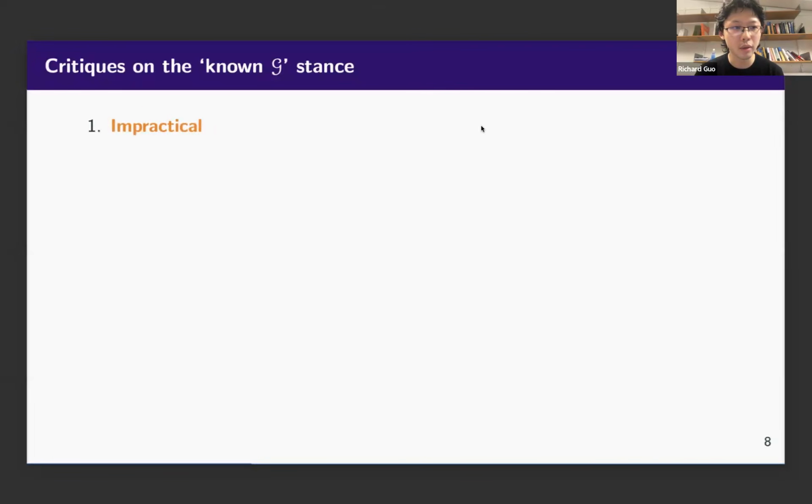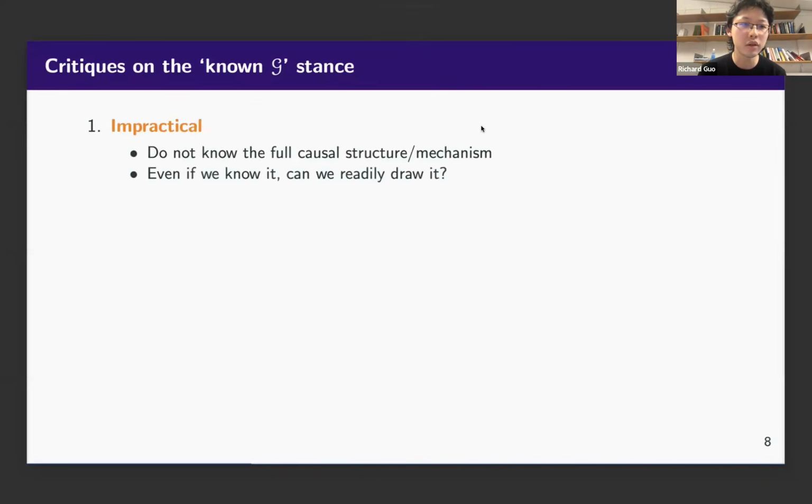I'm going to provide critiques in two aspects. Firstly, it is perhaps not practical to assume that you know the underlying graph G, because probably we don't know the full causal structure or mechanism. And taking it further, suppose we know it, it is probably another matter whether we can readily draw the full graph.